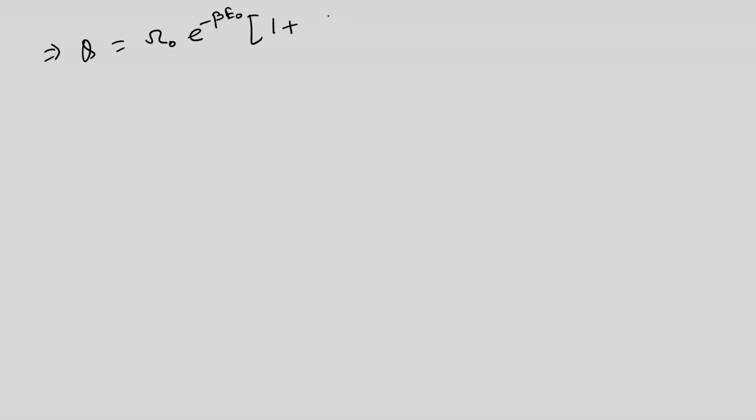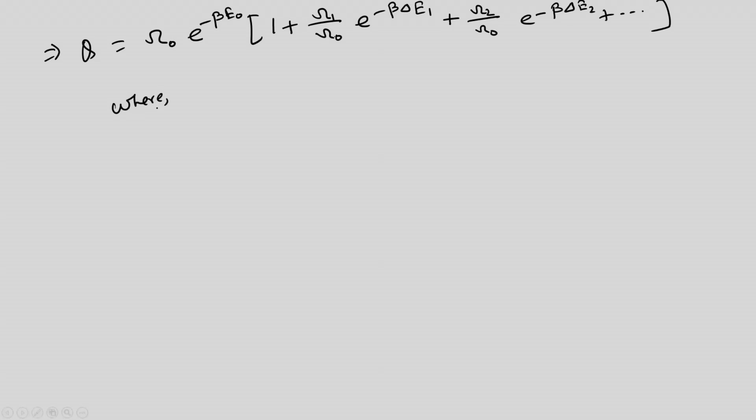If we do it, we get Q equals omega 0 e to the minus beta E0 times (1 plus omega 1 by omega 0 e to the minus beta delta E1 plus omega 2 by omega 0 e to the minus beta delta E2, and so on), where delta E1 is E1 minus E0, delta E2 is E2 minus E0, and so on.